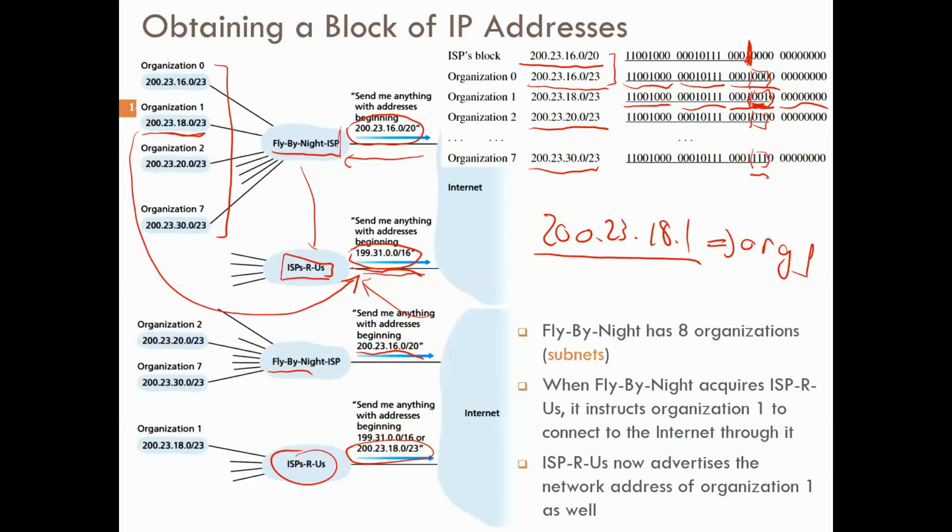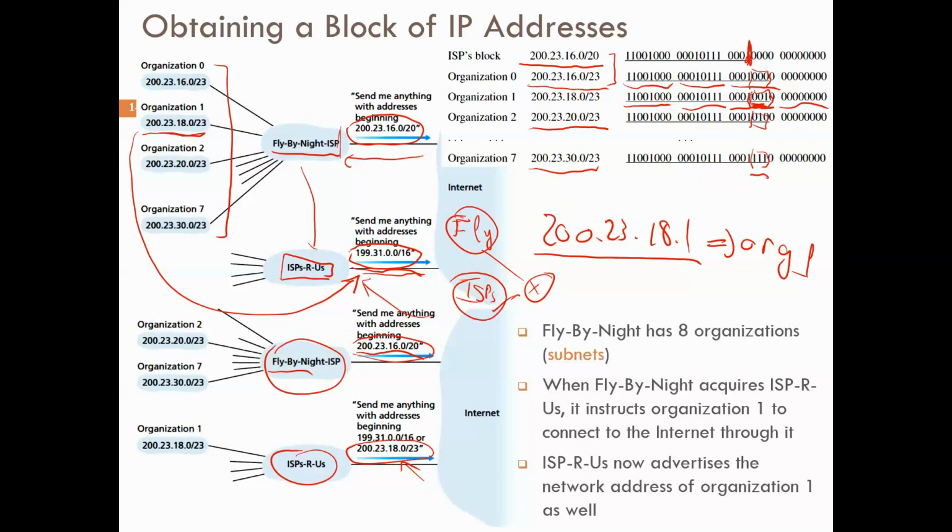Now let's examine what will happen in the network. If a router receives a packet with destination IP address 200.23.18.1, this router will have a path through Fly-By-Night and will now have a path through ISPs-R-Us. Which path will be chosen? Why, first of all, does it have two paths? It will have one path from the announcement by Fly-By-Night, which is included in this address block, and a second path from this announcement that was just made by ISPs-R-Us.